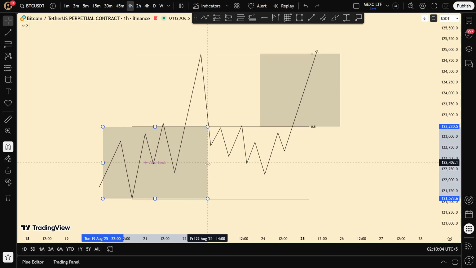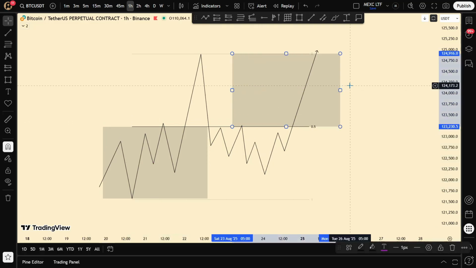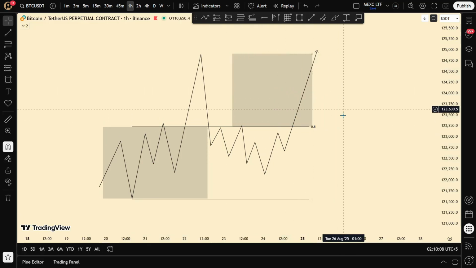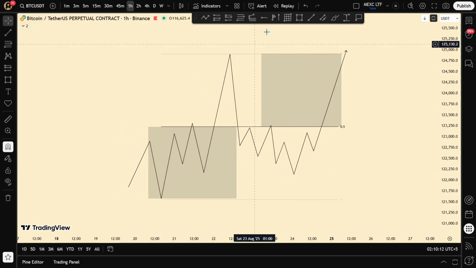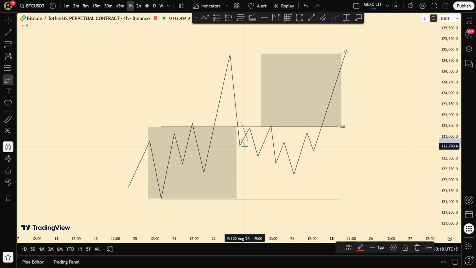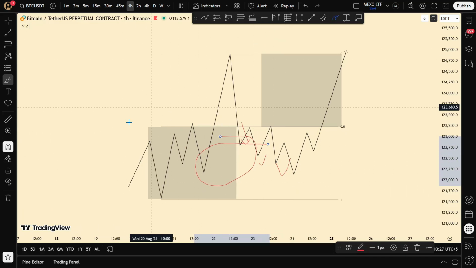The general theory is that if you are going long, if you are in buys, you generally want to buy below the 0.5. If you want a long, you should long over here. Why? Because obviously there is some sort of a zone here.